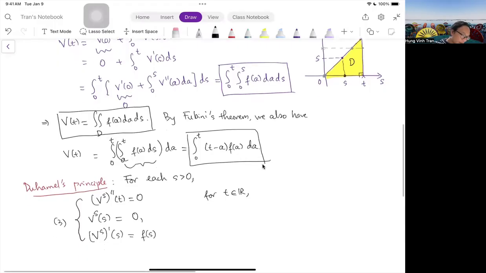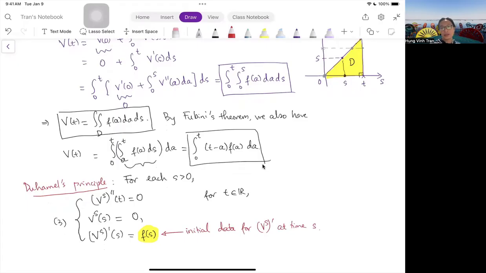So I'm interpreting f of s now as initial data for Vs prime at time s.